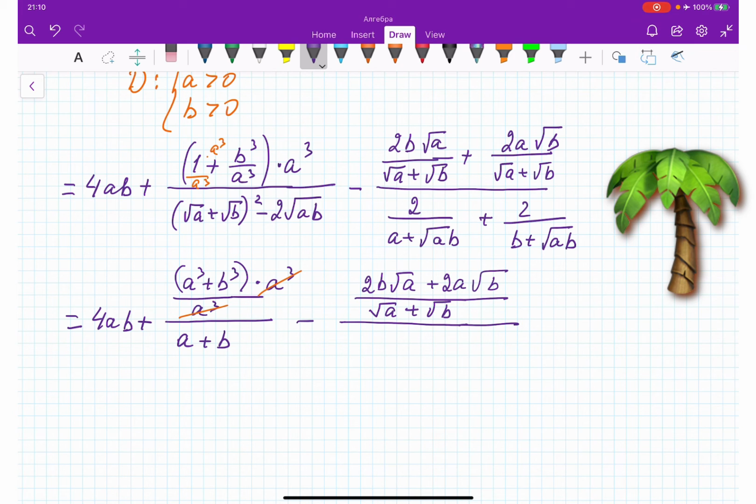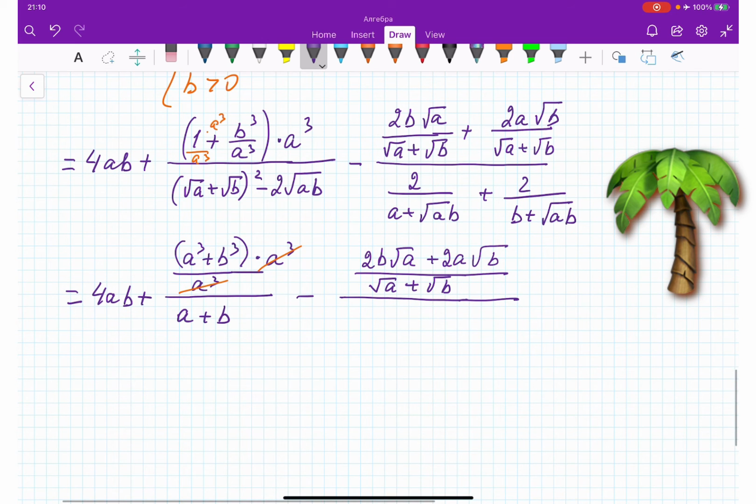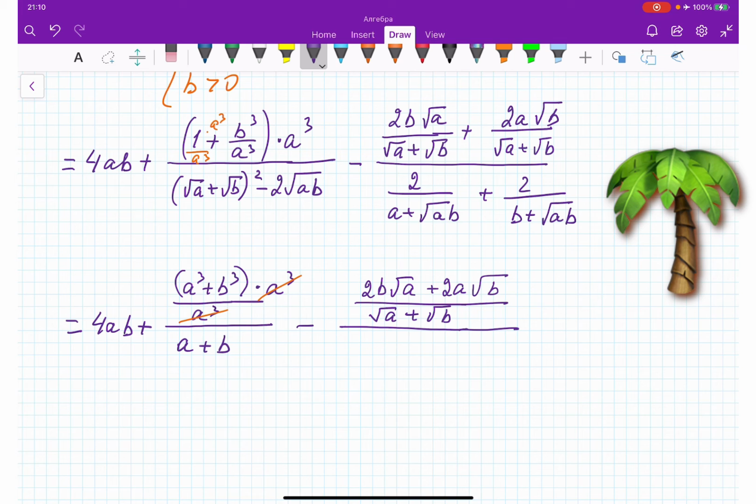Okay, in denominator, we are going to get, okay, we have a plus b and b plus a plus ab and b plus ab, which means I have to multiply by each other. Yes. All right. So it's gonna be this one.